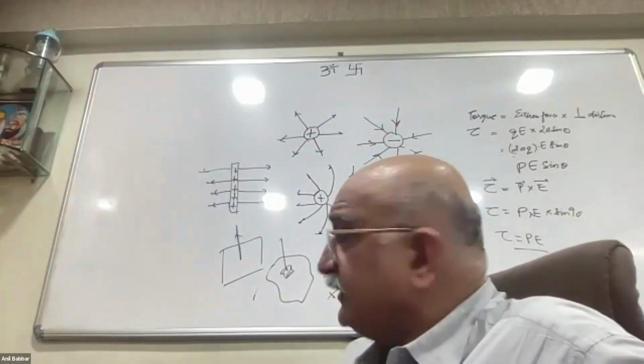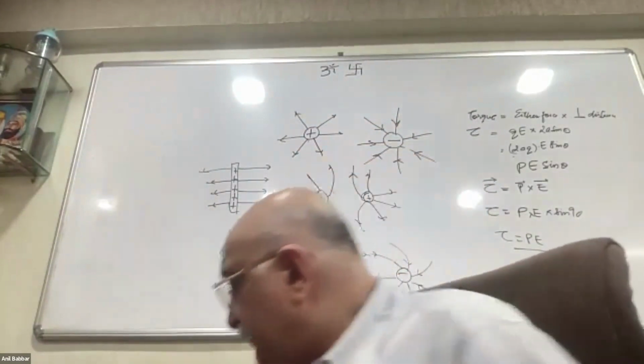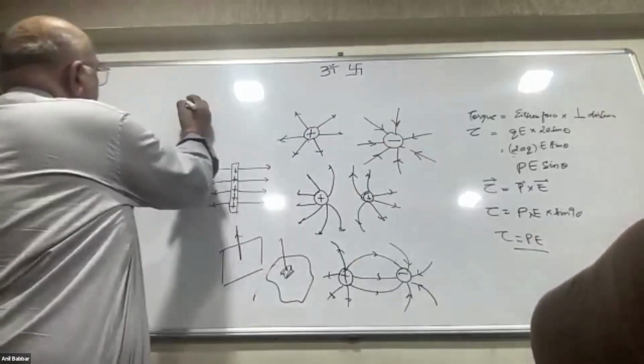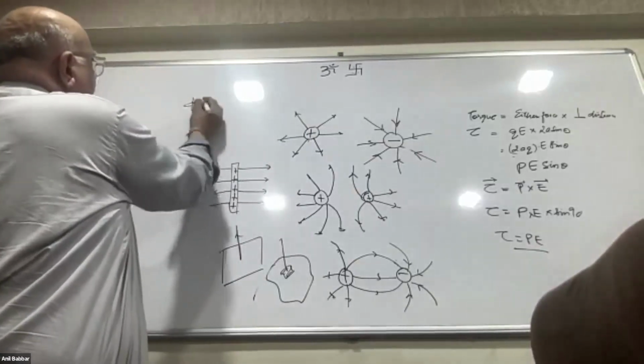Electric flux is denoted by the symbol phi. This is phi, electric flux.